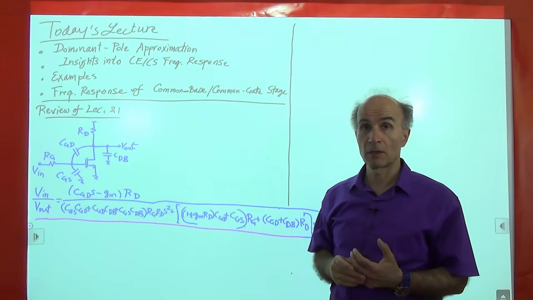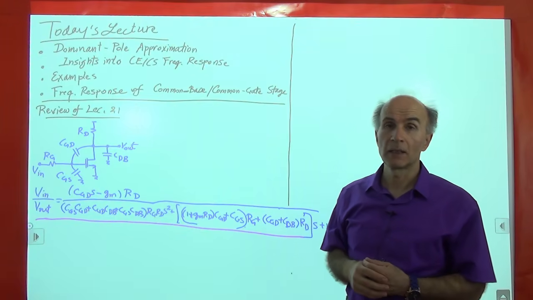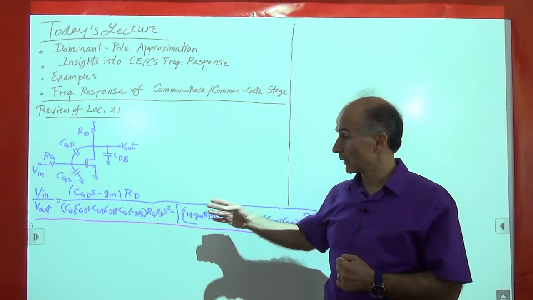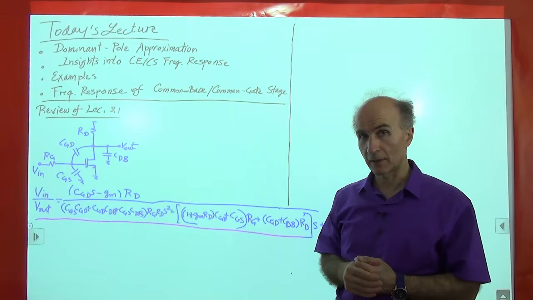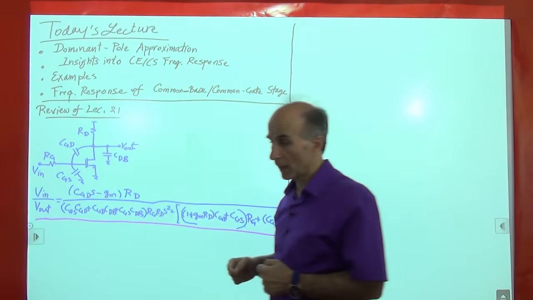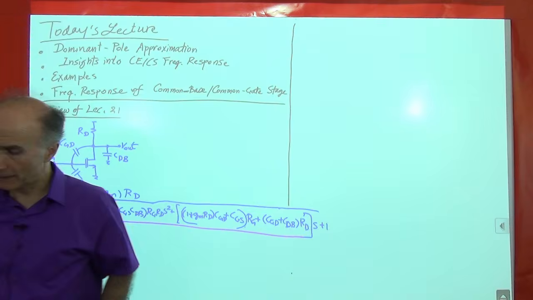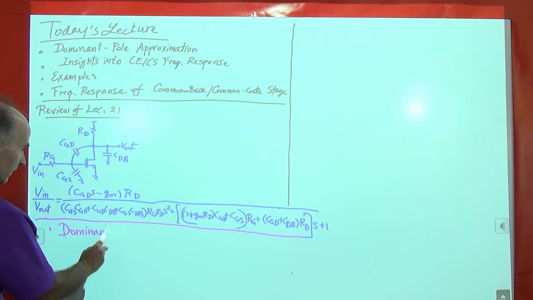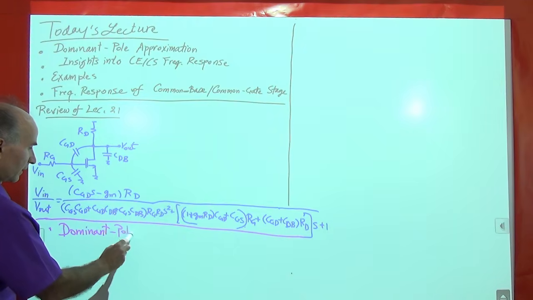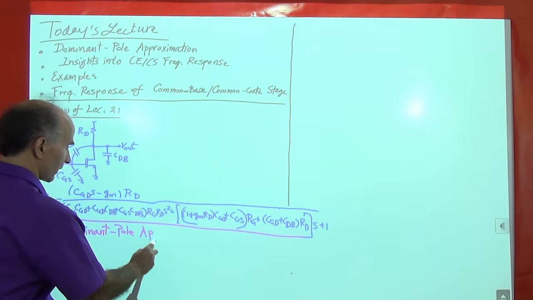So it is a powerful technique that allows us to greatly simplify this and have a better understanding of its consequences. All right, so we're going to talk about the dominant pole approximation and see what that means.